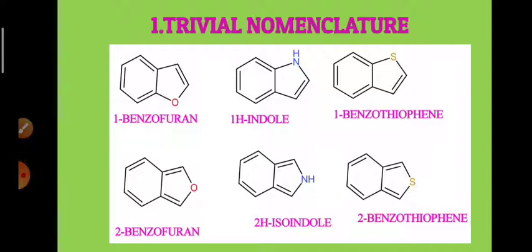As these are very easy compared to the systematic nomenclature, many times we use these names because they are very comfortable to use. But these names have no systematic importance, so that's why we call them trivial names. Here we can see some compounds: benzofuran, indole, benzothiophene, and 2H-isoindole.